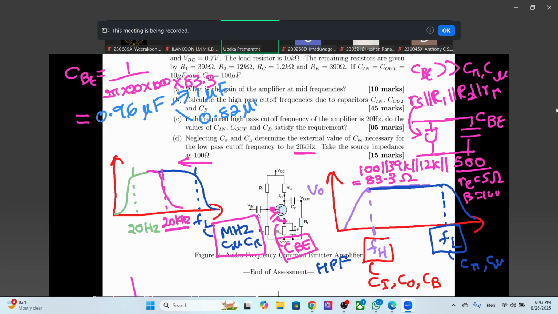0.82 microfarads, right? So here, remember, this is a low pass filter.